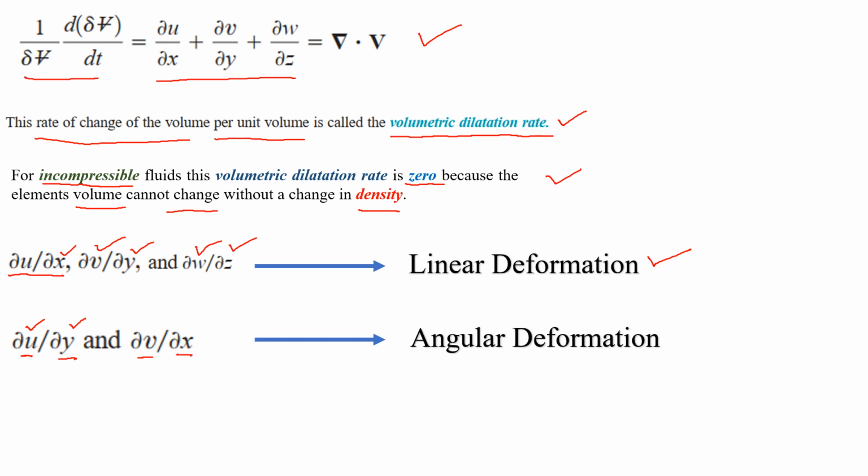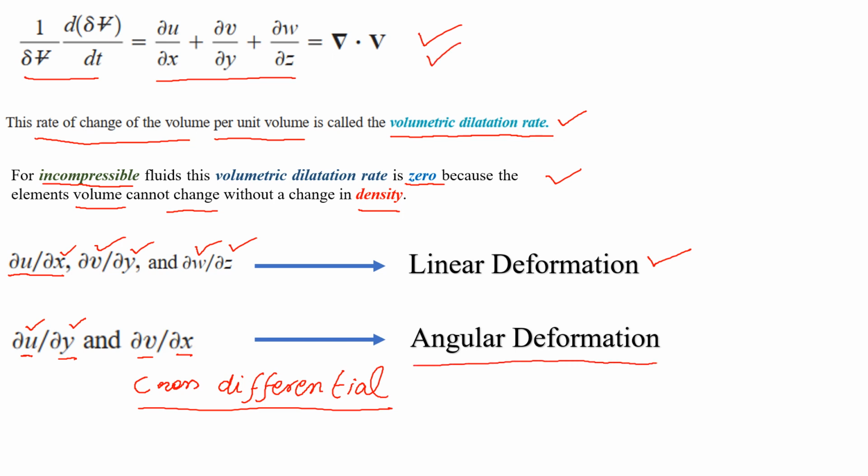This is called cross differentials. These cross differentials will cause angular deformation. So this is our next topic, angular deformation. We have derived a term for linear deformation, and now we will see how we define angular deformation.